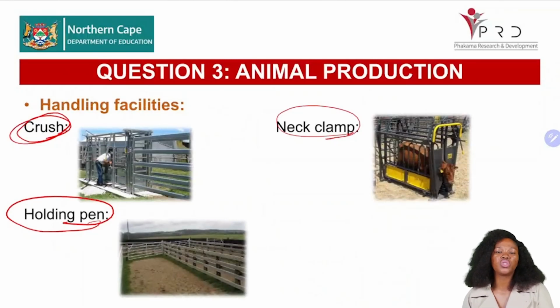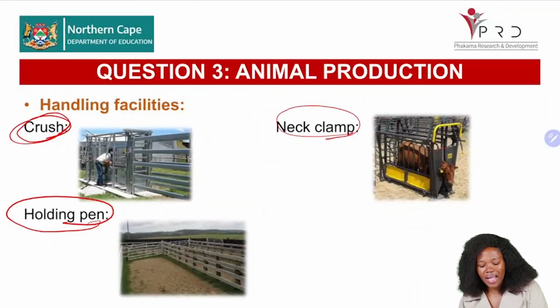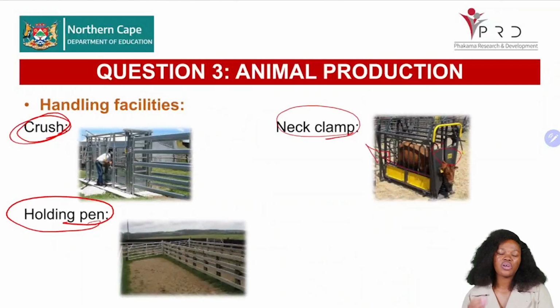A neck clamp is used to restrain the farm animals during the handling process. And this neck clamp right here is joined to a crush, a crush being a facility used during the handling process.